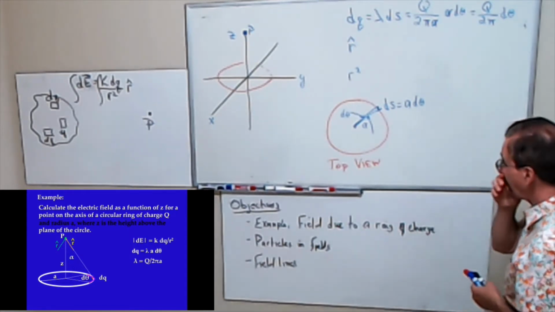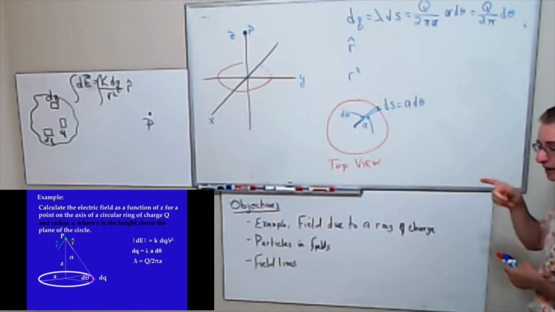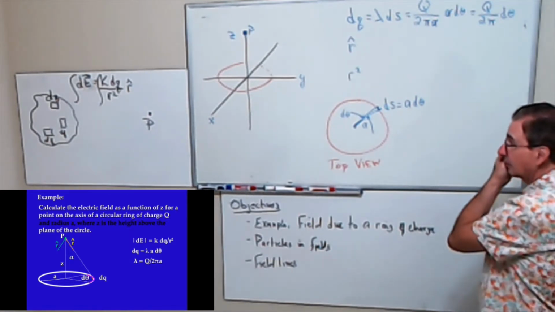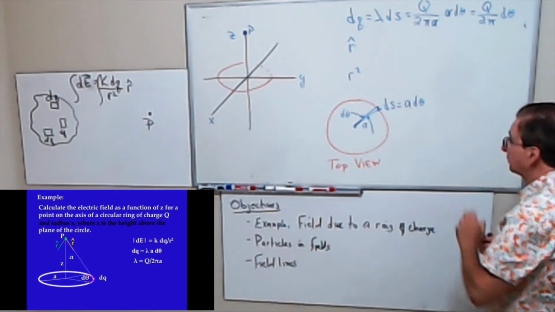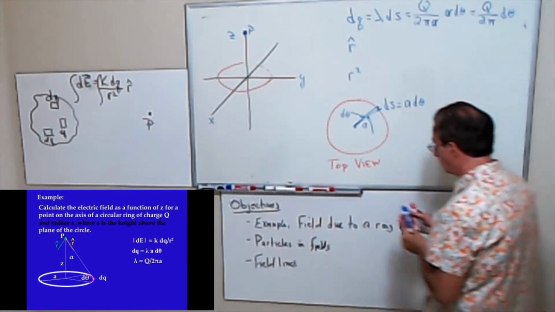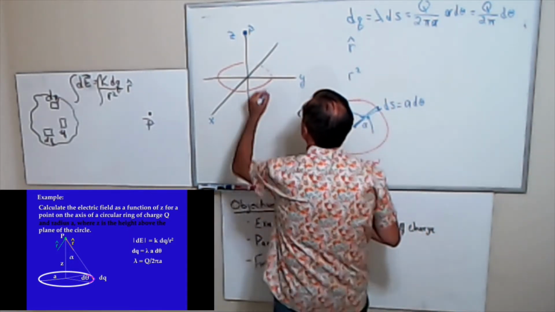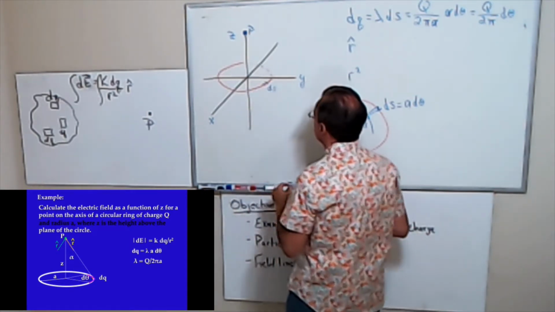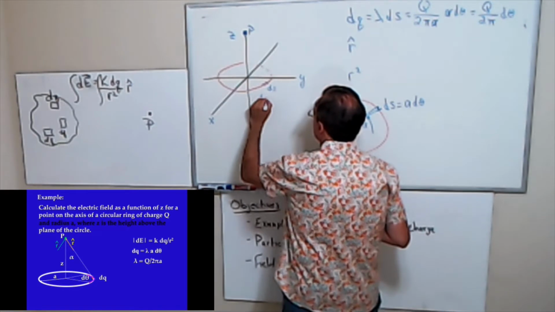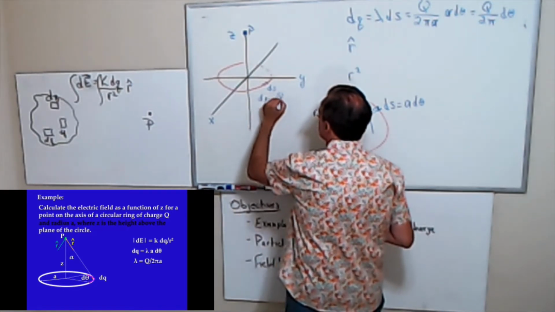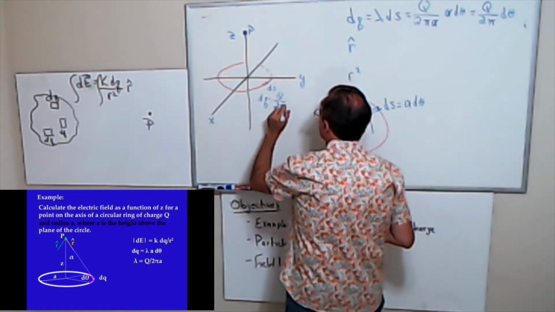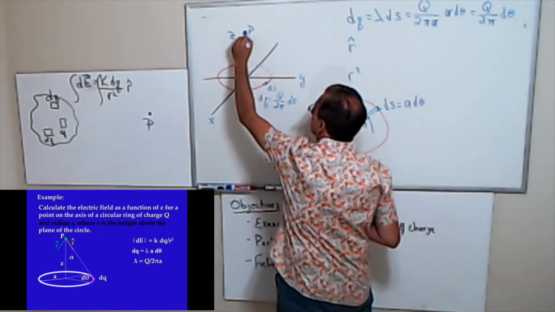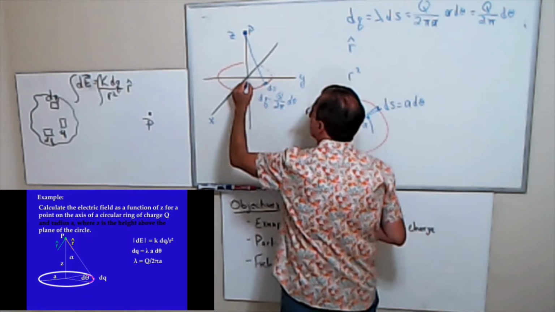Now I want to figure out what r squared is. Let me do r squared. I want to know the distance between P and my ds. So let me draw that in my picture. Here's my arc of ds, and dq is... I want to know the distance from here to here.